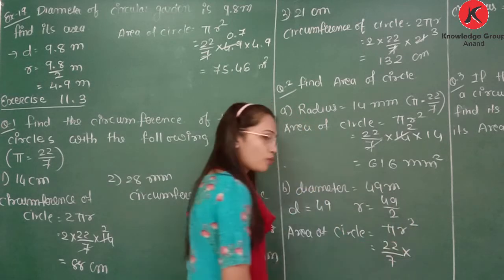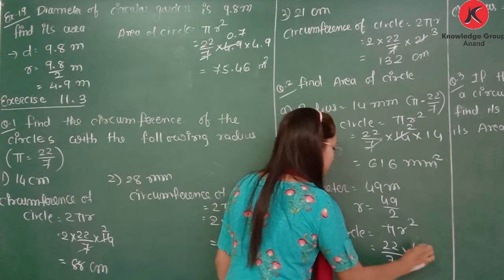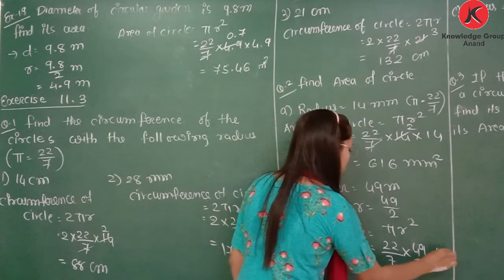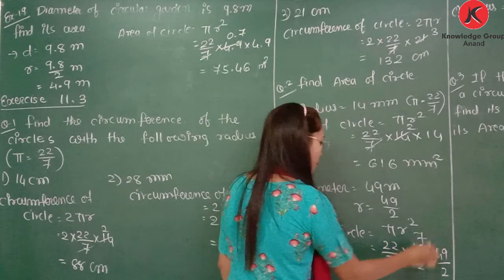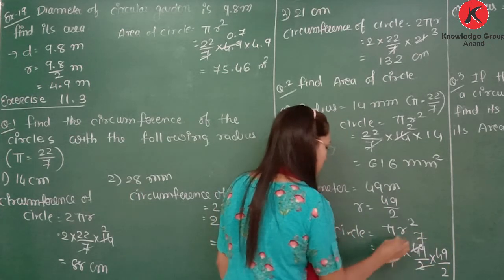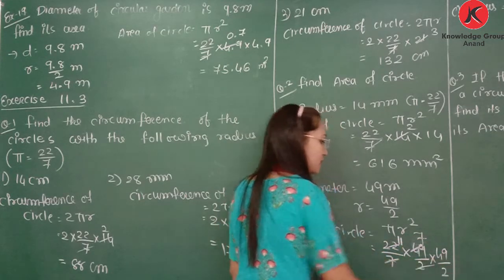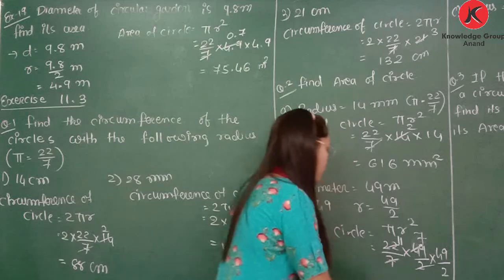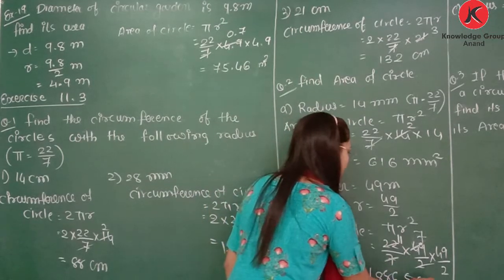Radius is r square, means 49 by 2 two times. Multiply 11 with 7, that is 77. 77 multiply 49. Divide by 2, you will get 1886.5 centimeter.